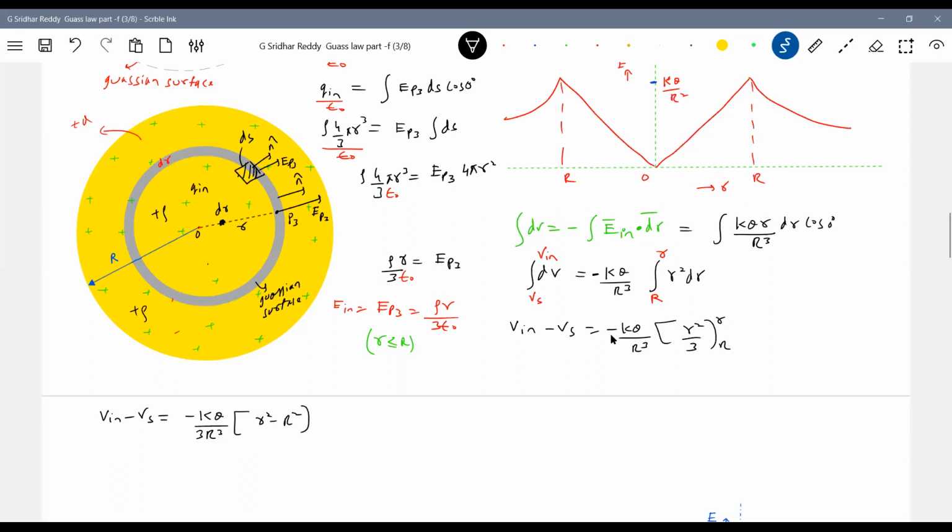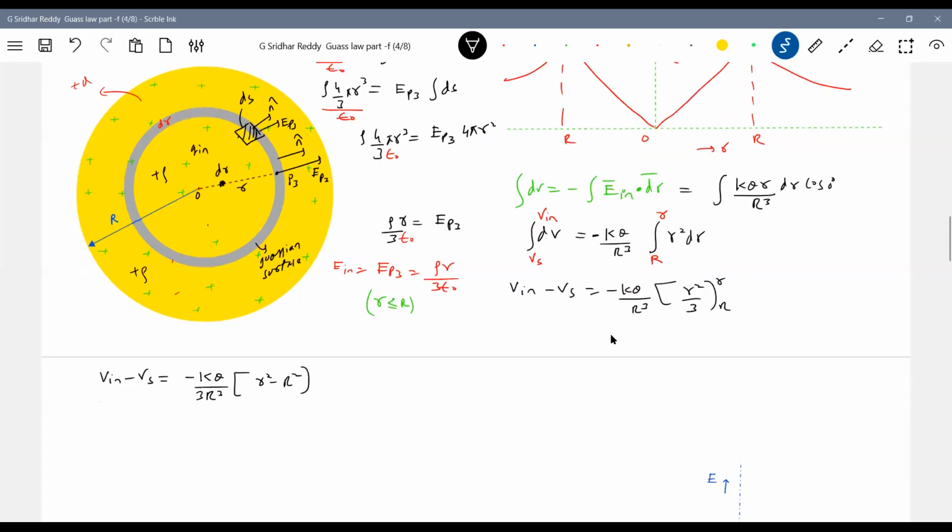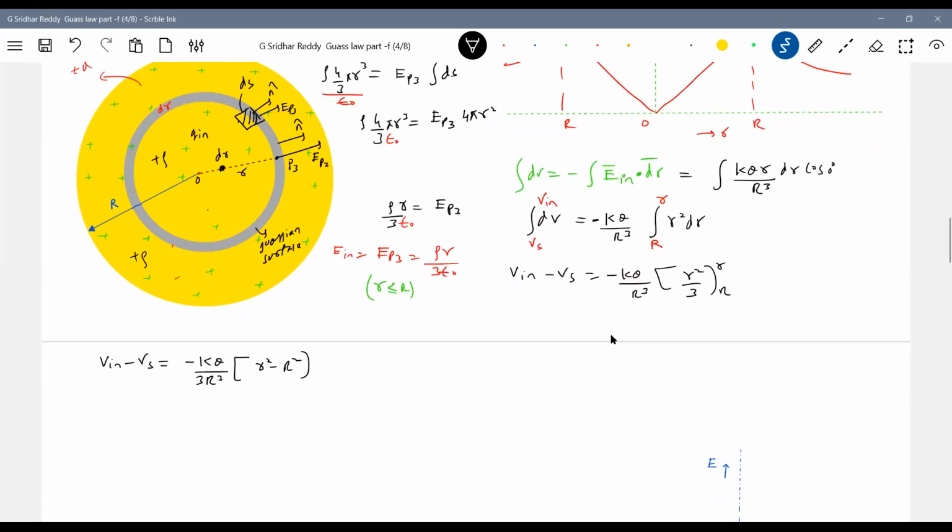Okay, this 3, let me keep here. So further, let me substitute all these things. What is V in? What is Vs? Vs equal to KQ by R.